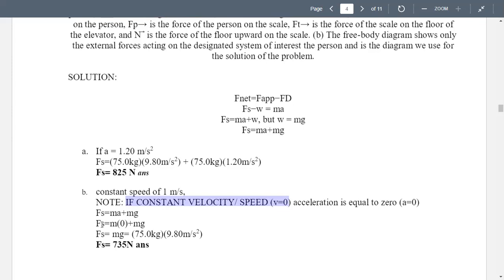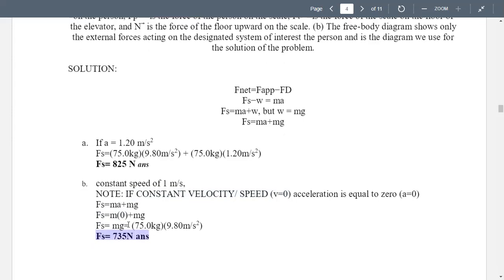Fs is equal to mass times 0, so this quantity makes it 0. So your Fs now would be equal to the weight of the person as 75 kilograms times 9.8 meters per second squared, giving us your Fs at 735 newtons.